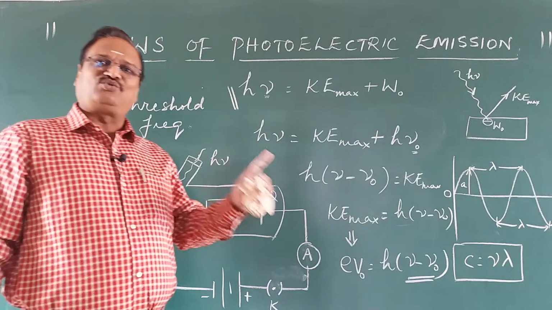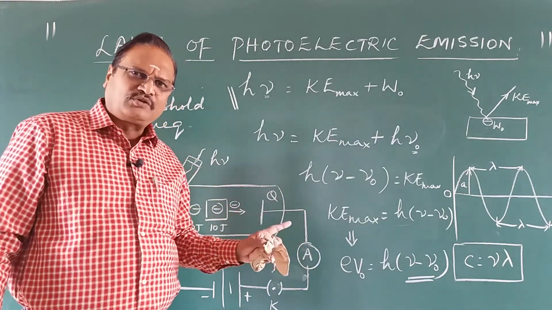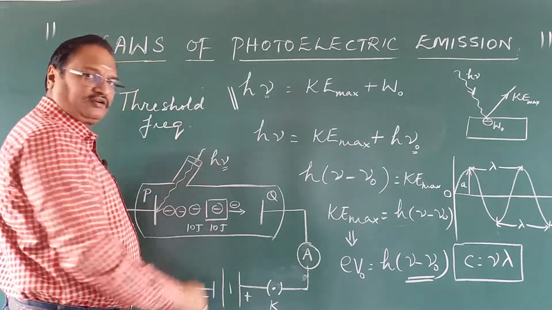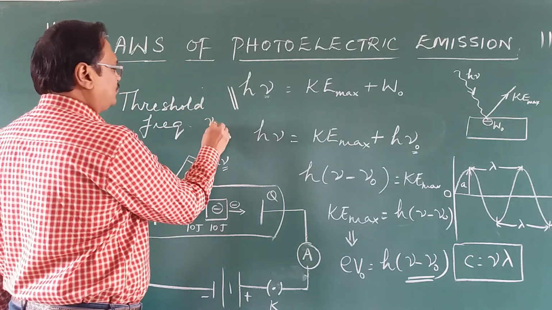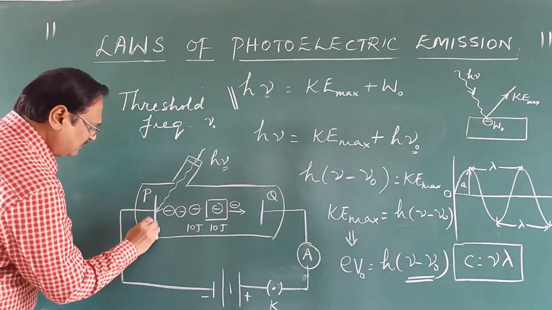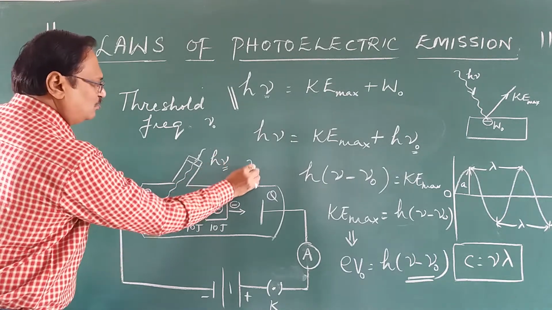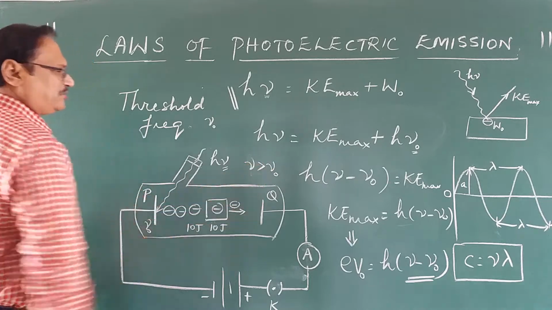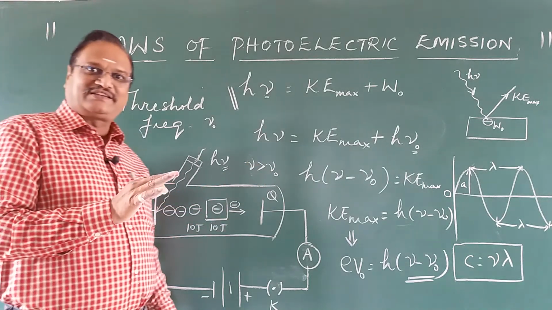Nu minus nu naught. What is nu? Nu is the frequency of the incident photon, and nu naught is the threshold frequency of the metal. So nu should be greater than nu naught for photoelectric emission to take place.